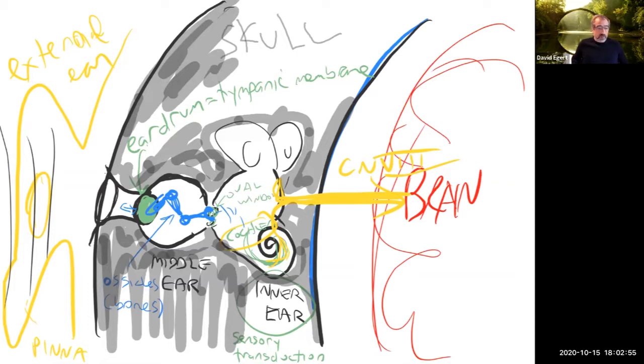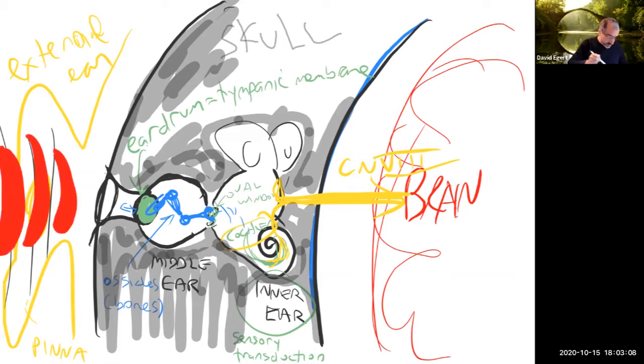So typically, if you are hearing and everything is working normally, you've got air vibration coming in. That air vibration then will wiggle the eardrum. Then through these little bones, that's going to wiggle this oval window.